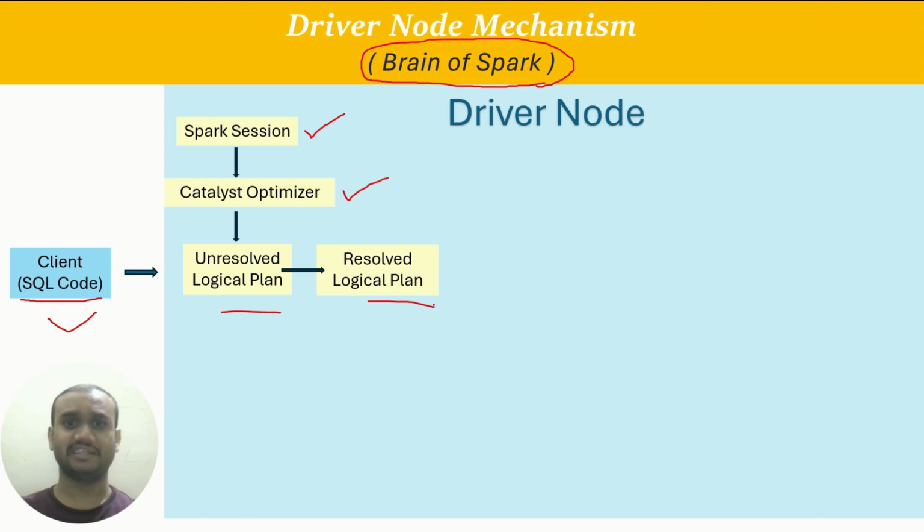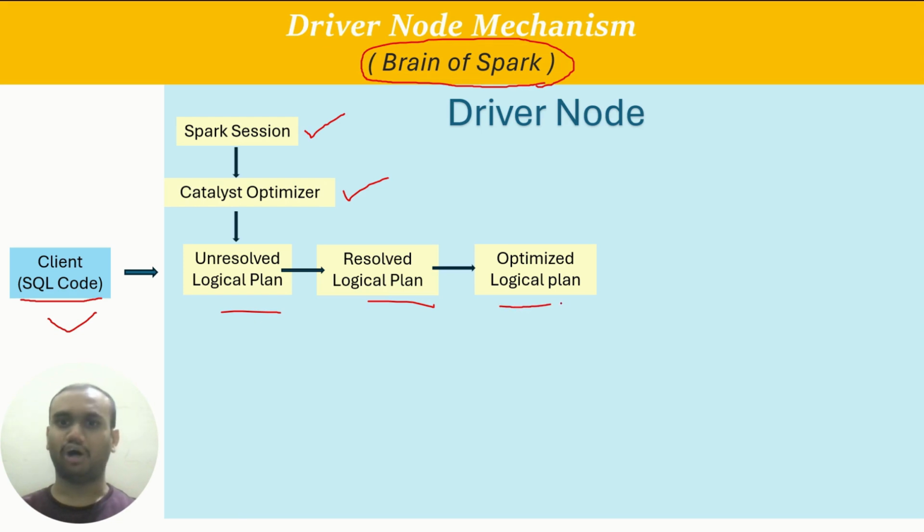Once this is ready, there will be an optimized logical plan. Optimized means we understood that there is a possibility of parallelism, or a need for caching of data, or other optimization techniques that are possible. Spark understands that by reading the lines of code and decides what needs to be executed and where.